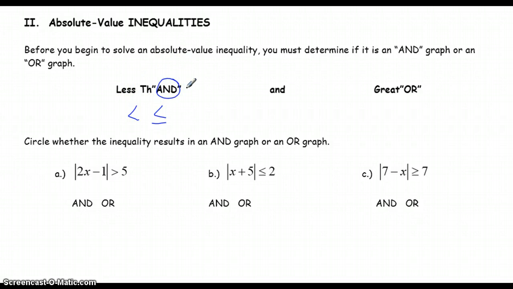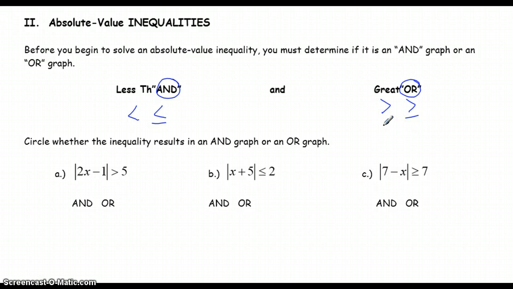That tells us that our graph is going to be an AND graph. If our symbol is a greater than symbol or a greater than or equal to symbol, we can try and remember the word greater. Again, keeping in mind that the word or is in the word greater, so that reminds us that our graph is an OR graph.